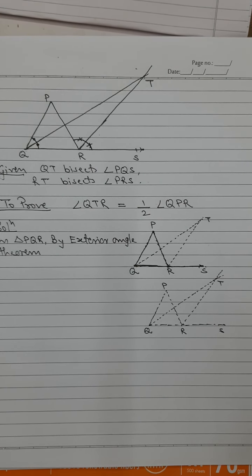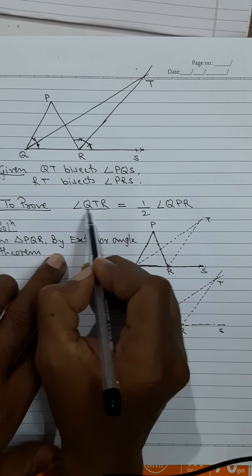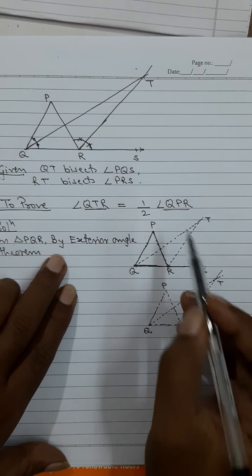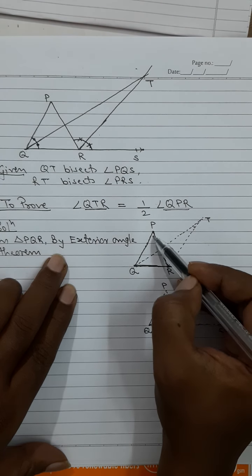See, my dear students, before I go forward, one thing I'll let you know. Why did I think of this? I am going to deal with angle QTR and angle QPR. QTR is over here and QPR is over here.